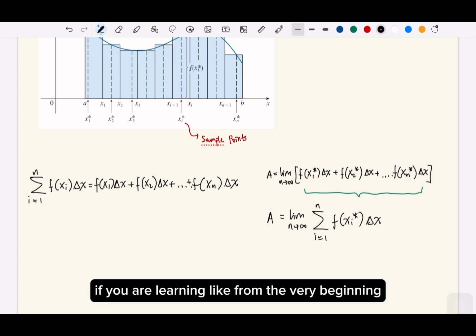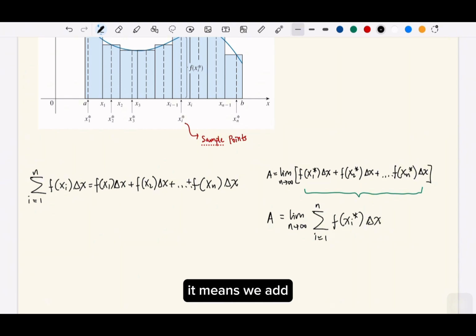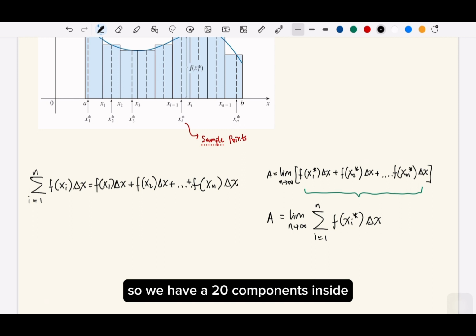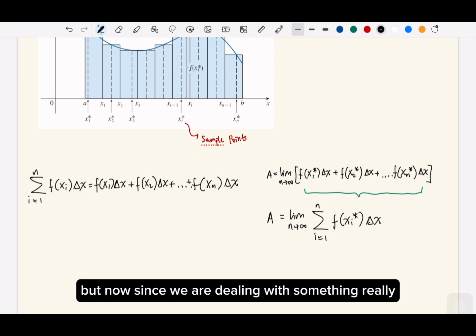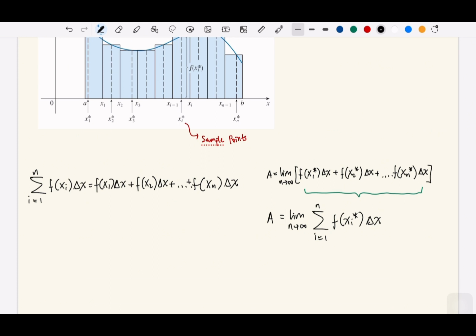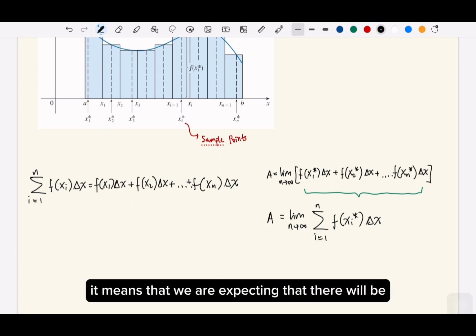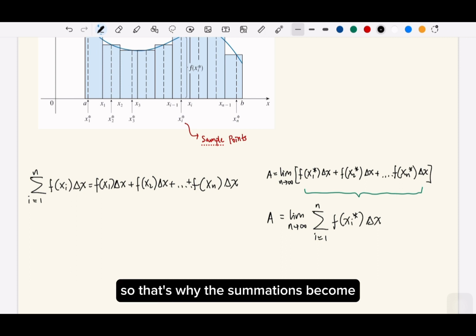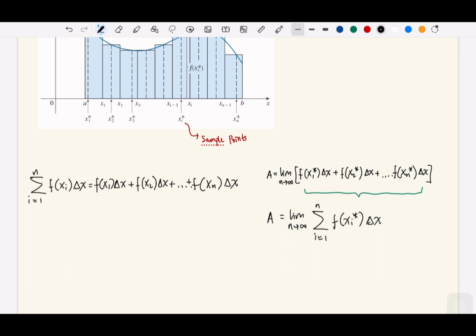Usually, if you are learning from the very beginning, the summations start with a number, maybe 1 to 20. It means we add this formula from 1 up until 20, so we have 20 components inside. But now, since we are dealing with something really large that is getting closer to infinity, we are expecting that there will be a lot of components. So that's why the summations become really important in our formulation.